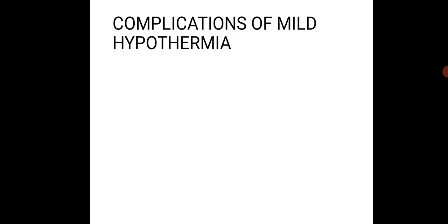Now we will see about the complications of mild hypothermia. First and foremost complication is about coagulation. Coagulation is impaired by mild hypothermia. Why does this occur? Because of a cold induced defect in platelet function.